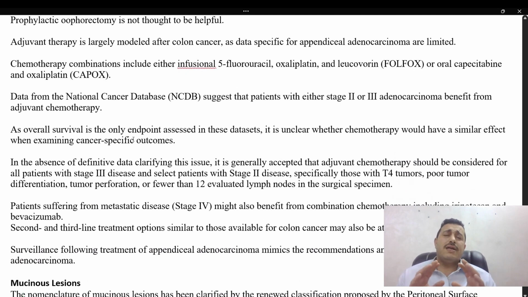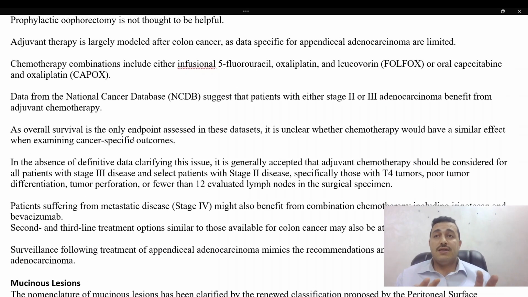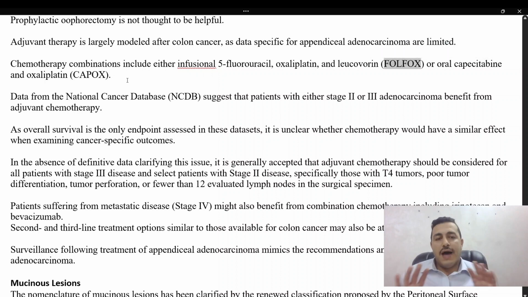The role of chemotherapy in appendiceal neoplasm is not well studied, not as clear as in colonic, but they actually mimic the colonic. For stage 2 and stage 3, actually, there is a role for chemotherapy, such as FOLFOX or CAPOX.